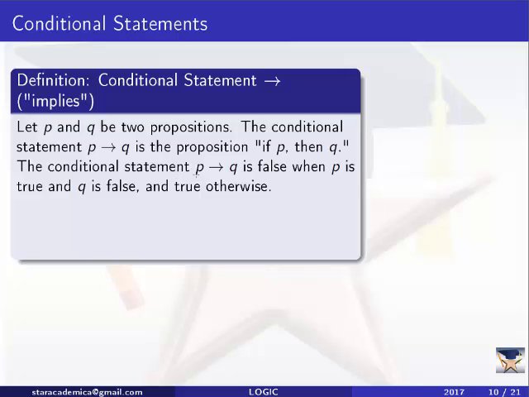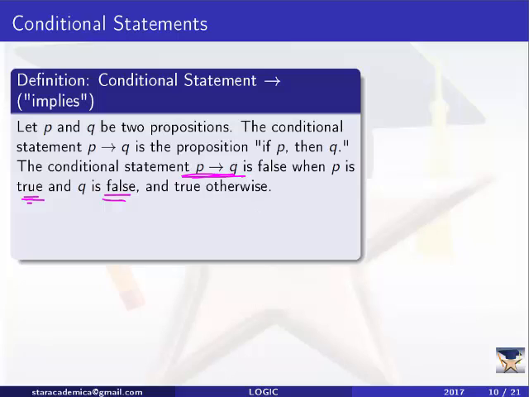So what is the truth value of this new combination of 2 propositions? If P then Q is false when P is true and Q is false, otherwise it is true.